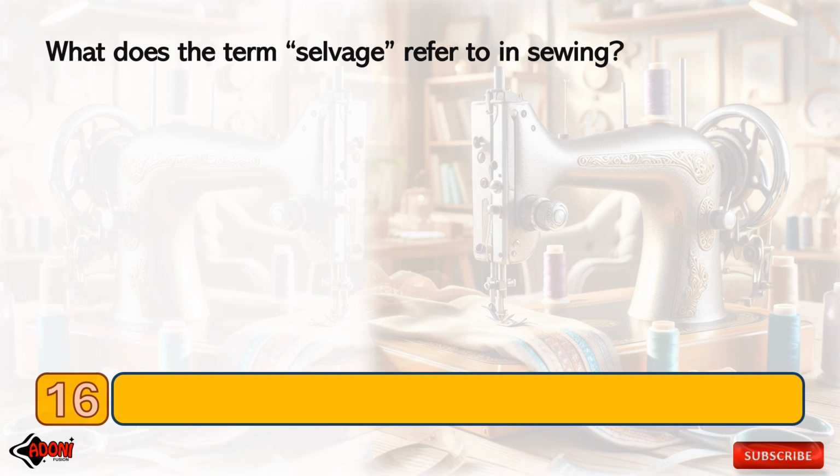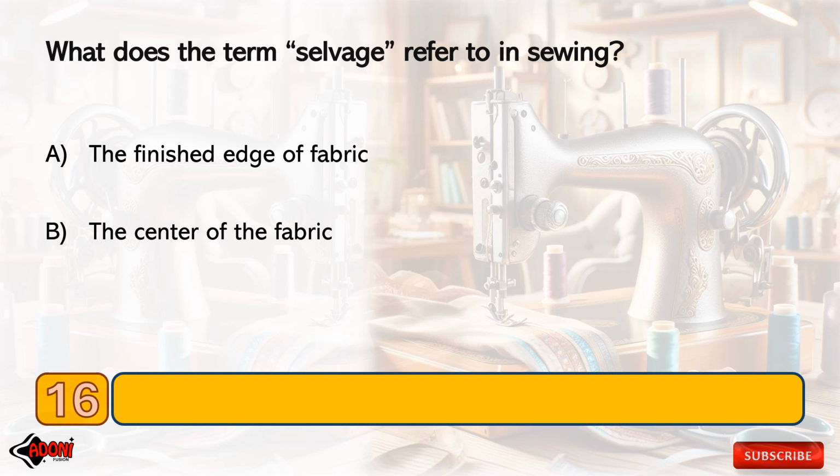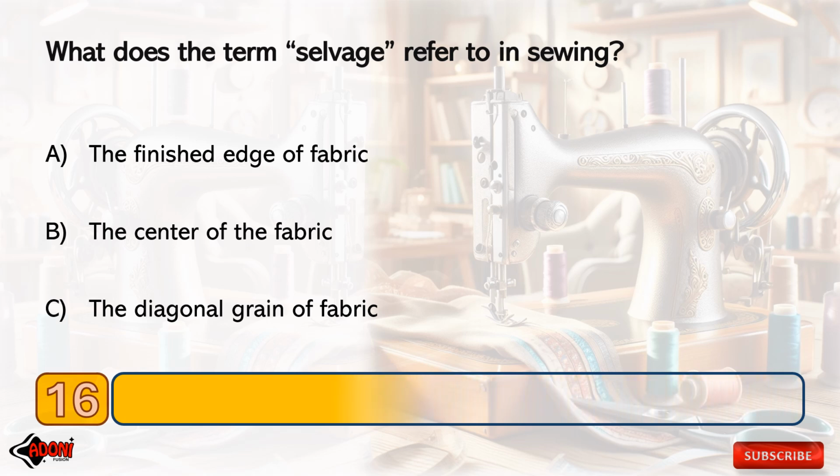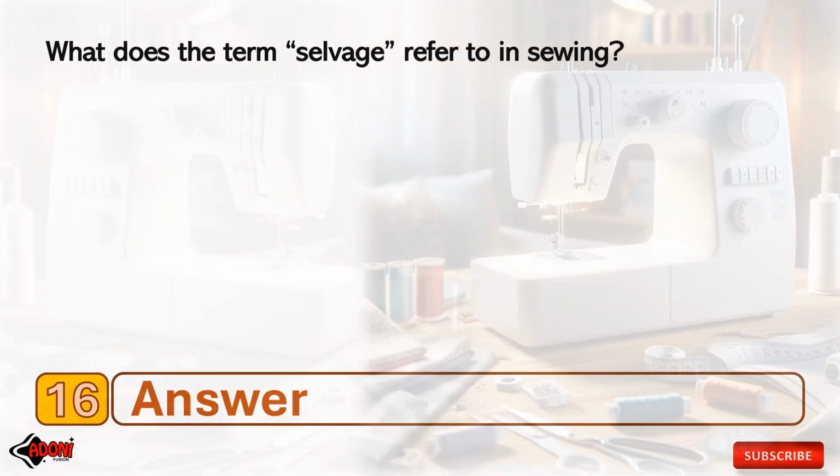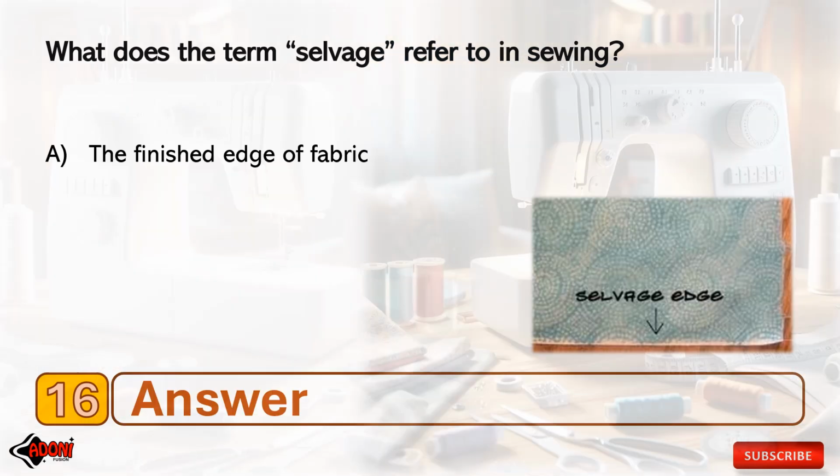What does the term selvage refer to in sewing? The finished edge of fabric, the center of the fabric, the diagonal grain of fabric. The answer is the finished edge of fabric.